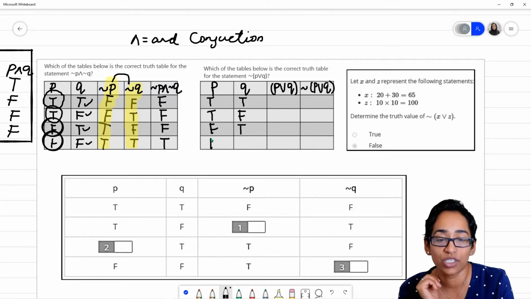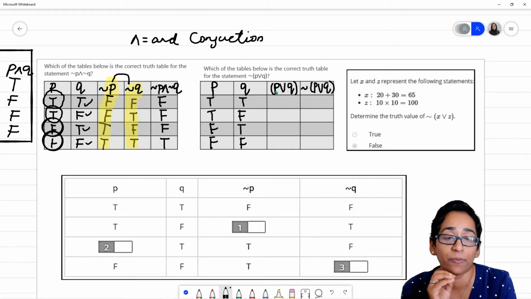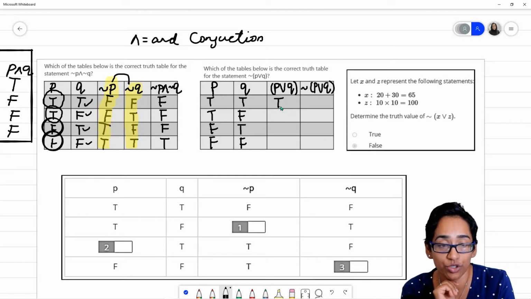The next one is false, false. This is a disjunction. Disjunction is true when either one of them is true. So true or true, true; true, false, true; false, true, true; false, false, false.